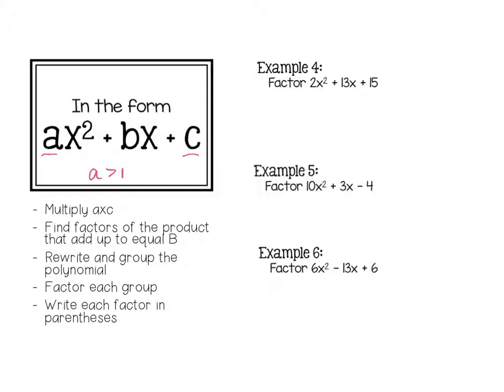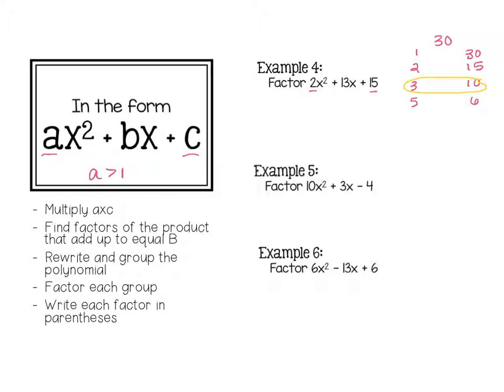So looking at example 4, I'm going to multiply a by c, and that gives me positive 30. My factors of 30 are 1 and 30, 2 and 15, 3 and 10, 5 and 6. And I want something that's going to add together to give me 13, which is going to be 3 and 10.